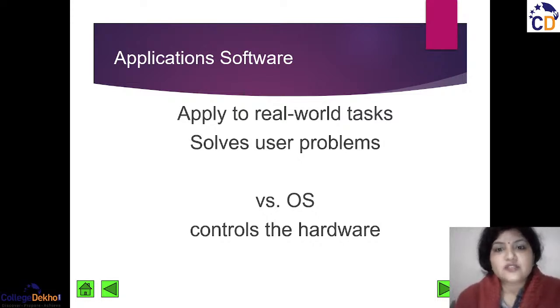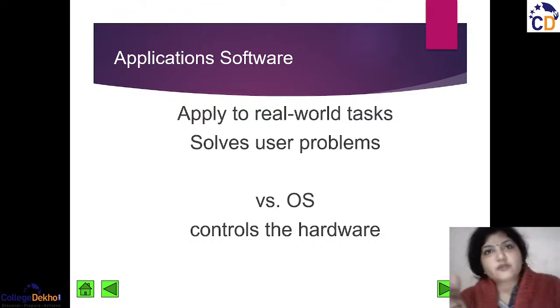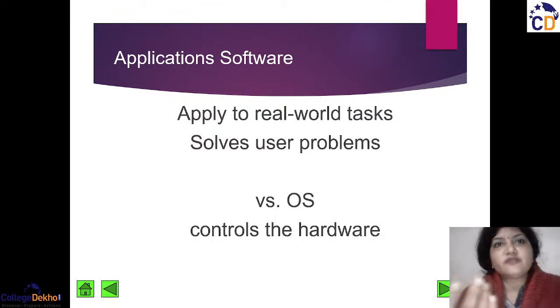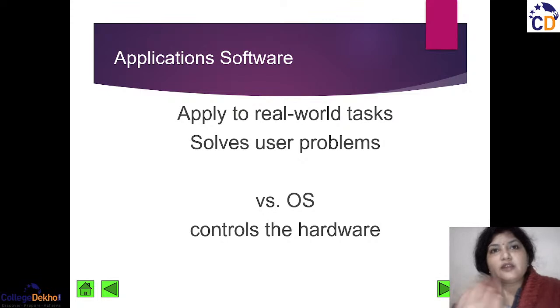Suppose I'm making these PowerPoint presentations through MS PowerPoint, Microsoft Office. This is one of the application based software, because it is performing and is useful for the user. It is basically meant for the users. We are using those applications.